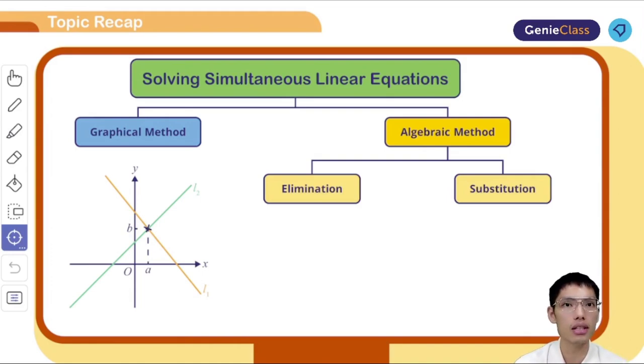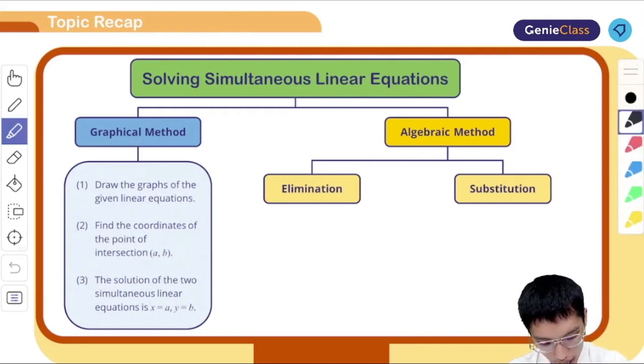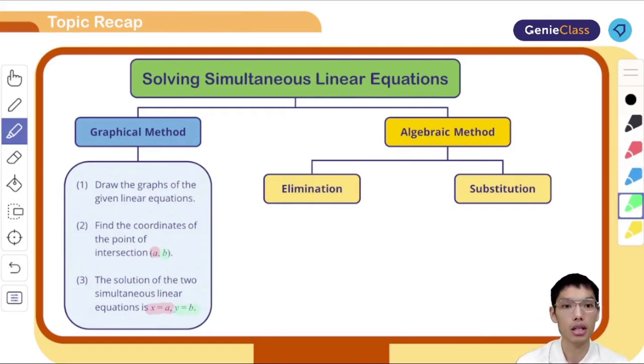It is actually just the intersection between the two lines, in this case A and B. In summarizing what the graphical method does, we draw the graphs of the given equations, find the coordinates of the points of intersection, in this case A, B, and following from the coordinates, we list the solution as x equals A, and y equals B. This is my solution. That's for the graphical method if my two lines are drawn on your graph paper.